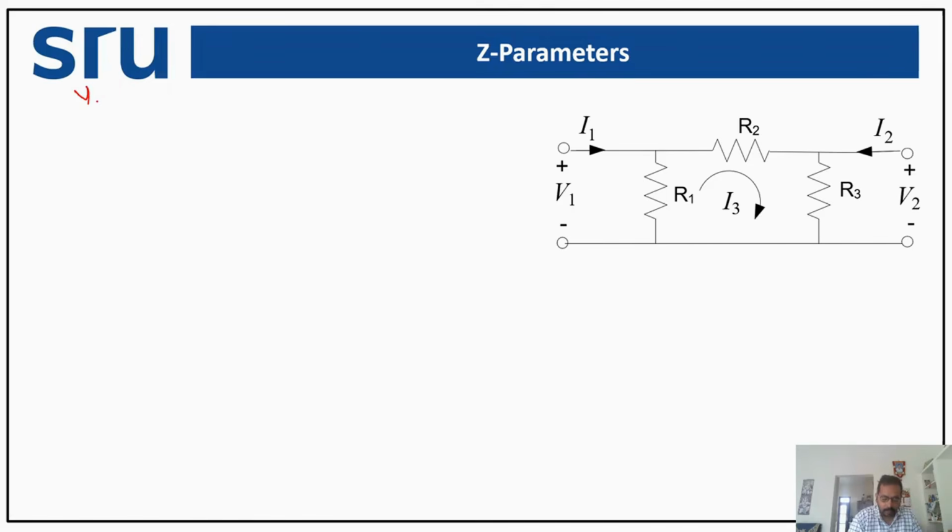We have V2 is equal to R2 R3 divided by R2 plus R3 into I2 plus R3 divided by R2 plus R3 into V1. So we are trying to eliminate this particular V1.